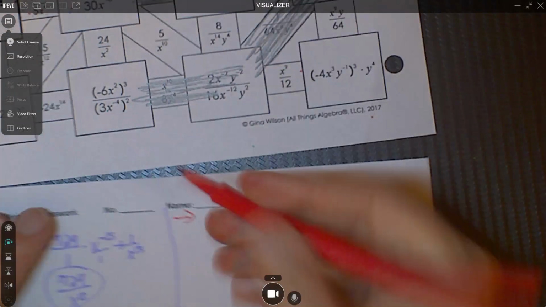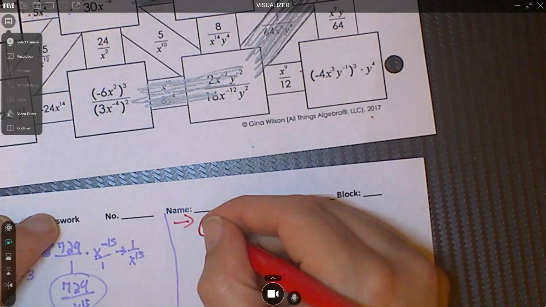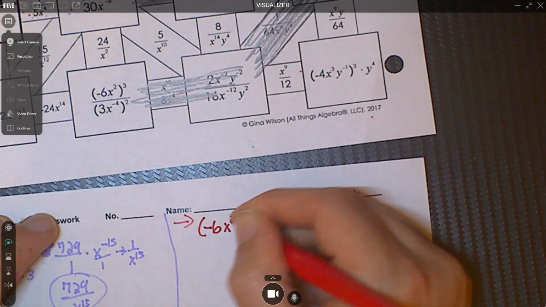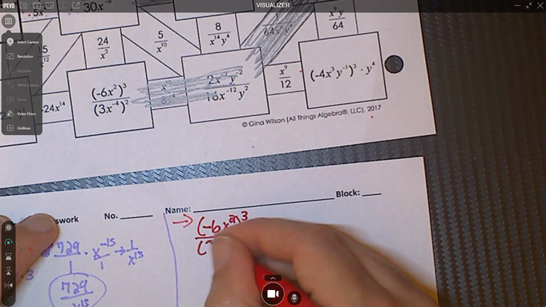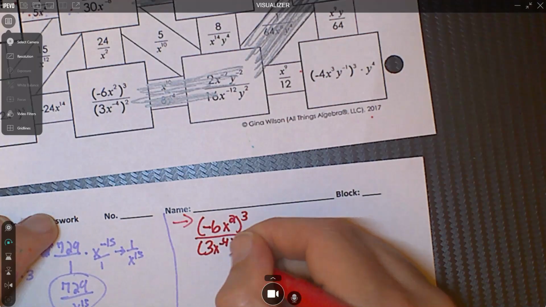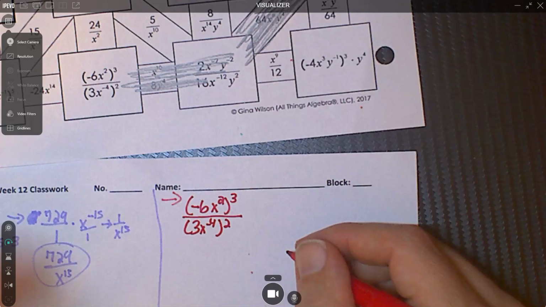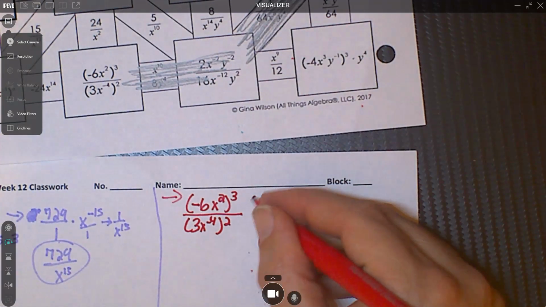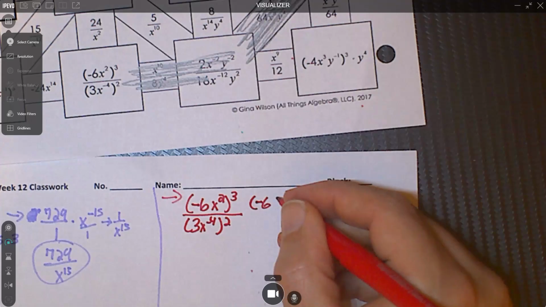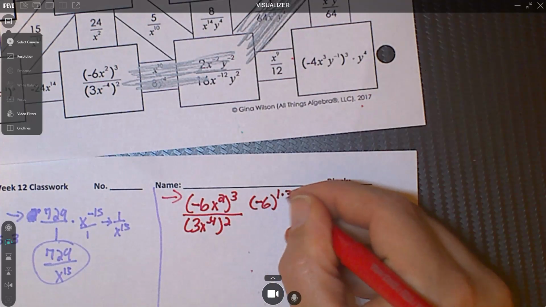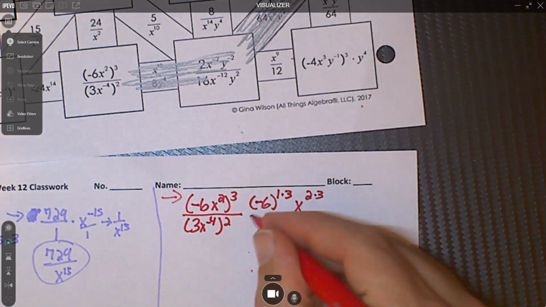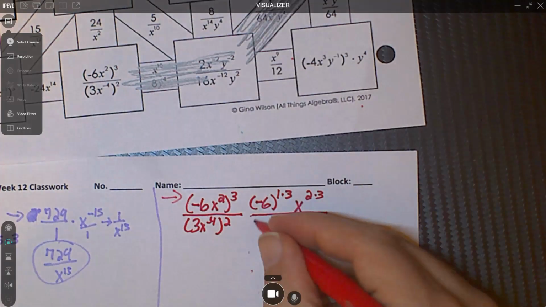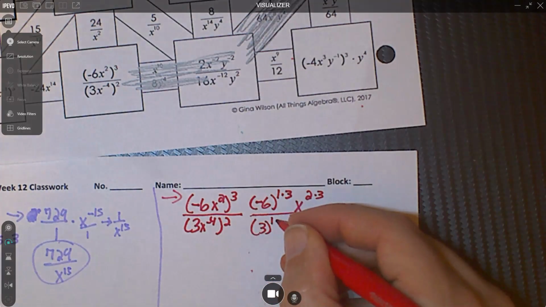Okay, my next problem. Power to a power. It's a different way I could show my work, or you could do 3 to the 1 times 2.